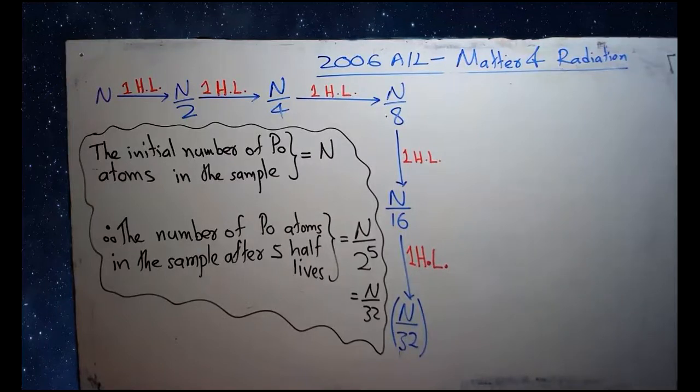Let me read the question once again. Simple last question. Approximately by what fraction does the activity of a given polonium sample decrease in 2 years? So let's try to find it here.